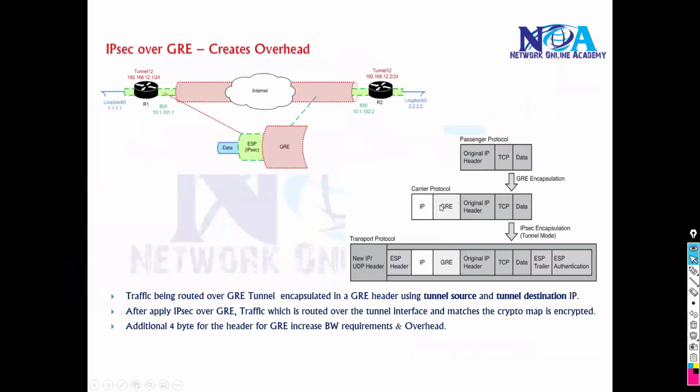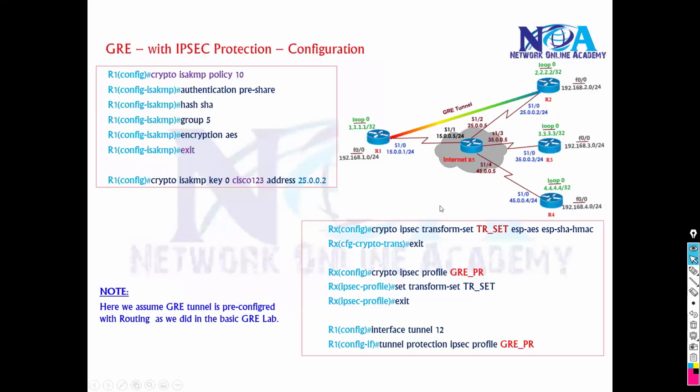So this is how the configuration goes here. As I said, we are assuming the GRE tunnel is already pre-configured and we are going with the configurations. Most of the time you may prefer to go with GRE with IPsec, and one of the main reasons is dynamic routing protocol support.